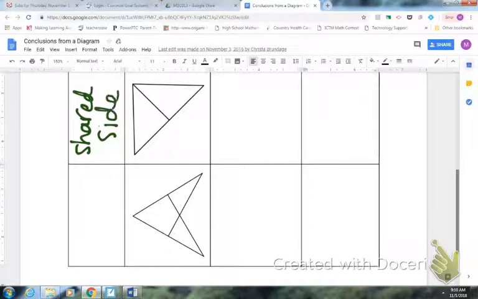These 2 triangles share a side. If you look at the 2 triangles in the picture, there's one triangle there in green, and here's the other triangle there in red. Notice these 2 triangles butt up against each other. They share a side, the side down the middle.